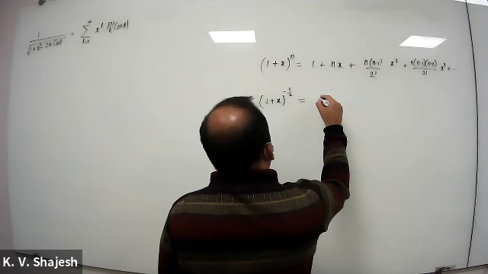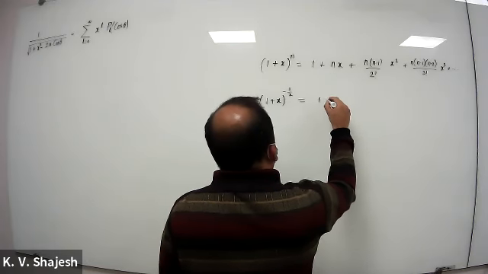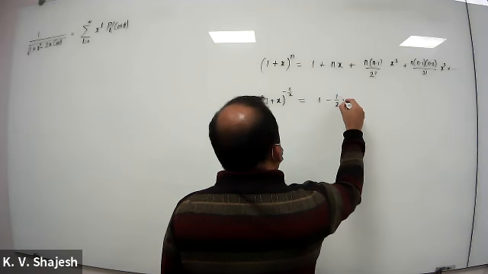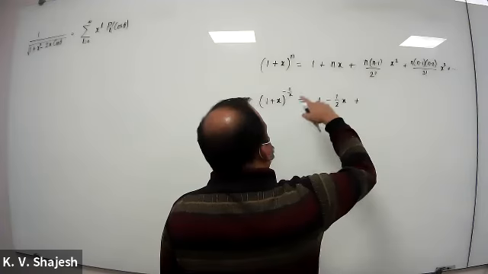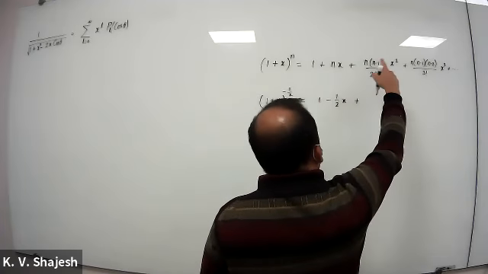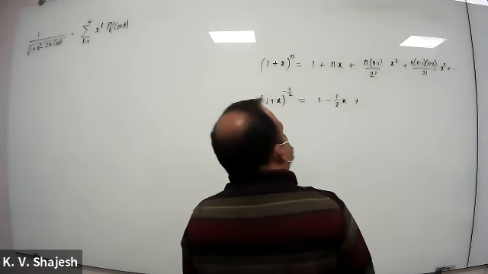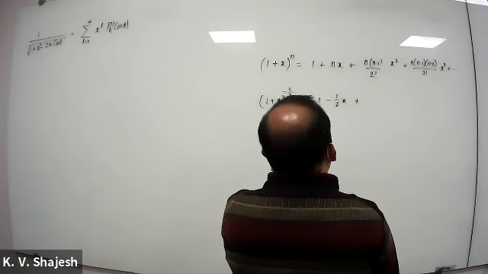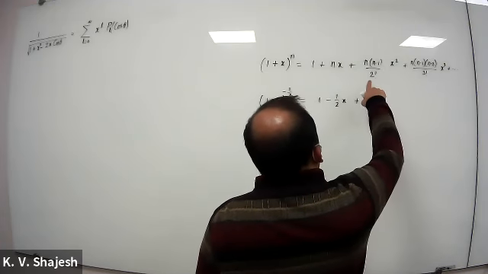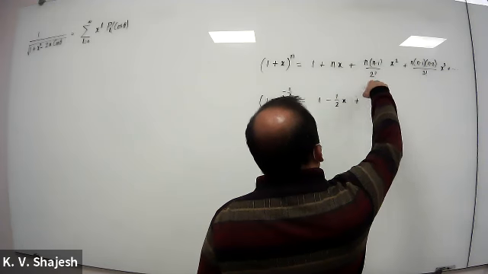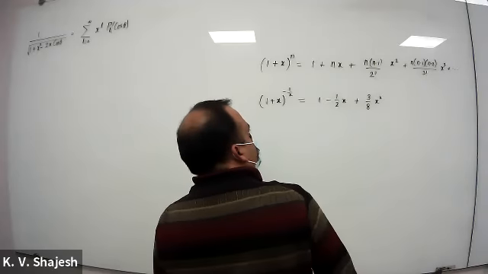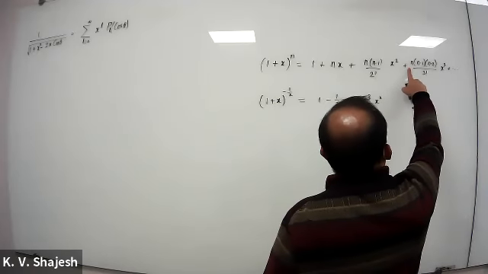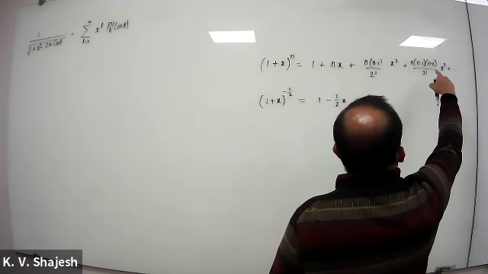So this is 1 minus 1 by 2 x, plus, there is a minus 1 by 2, minus 1 by 2 minus 1 is minus 3 by 2, so it is plus 3 by 2, and that's 3 by 8, right? So it's 3 by 8 x squared. And this one is 1 by 2, 3 by 2, 5 by 2.